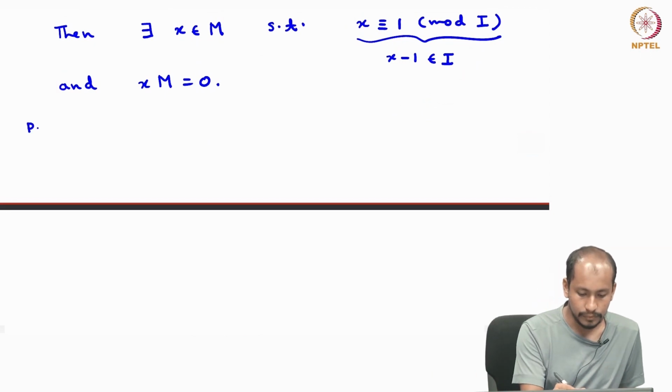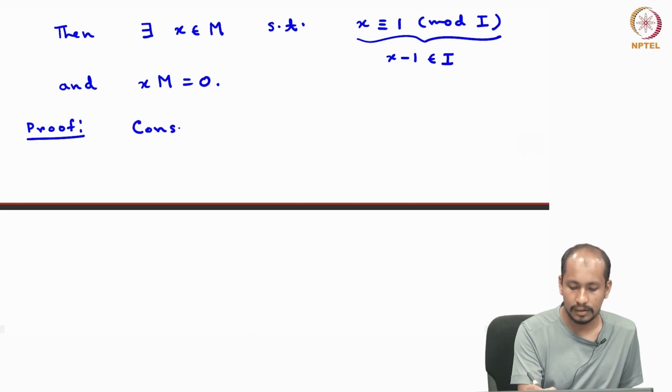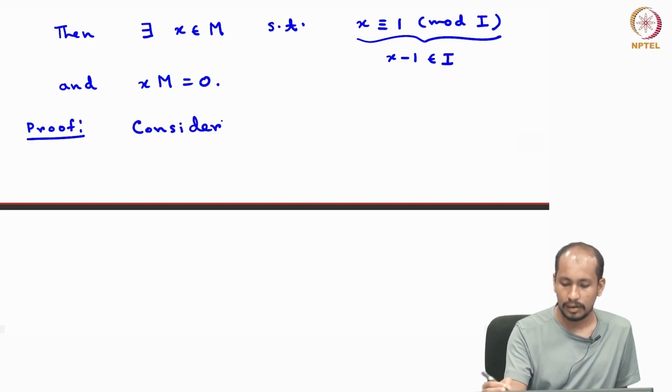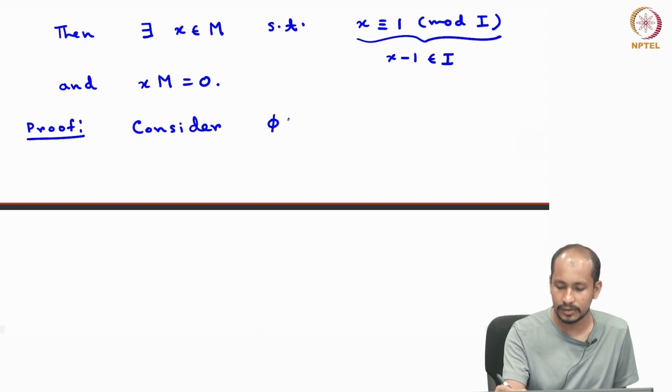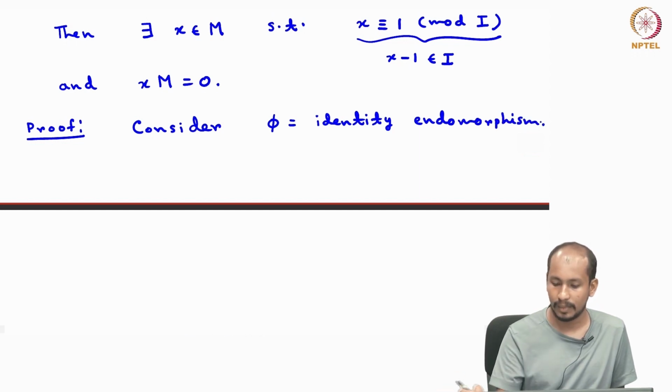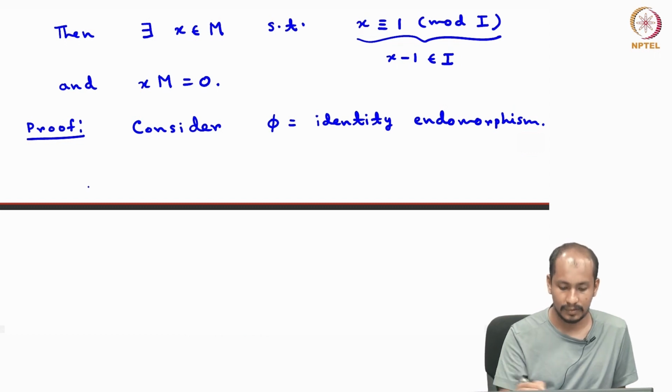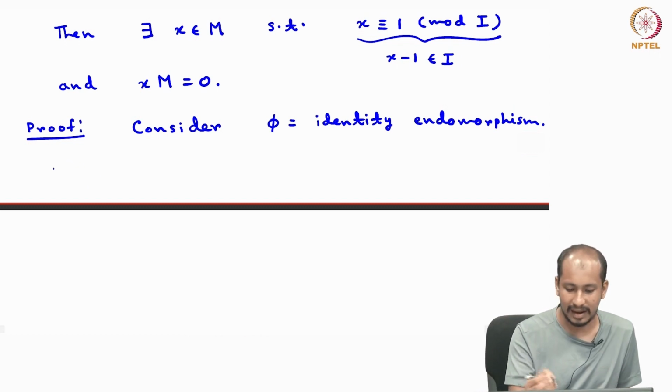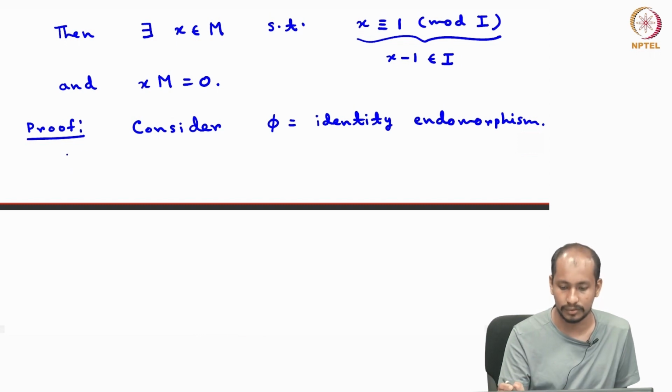Here the proof: just consider phi as the identity endomorphism, and then apply the previous theorem. I leave the rest of the details to you.